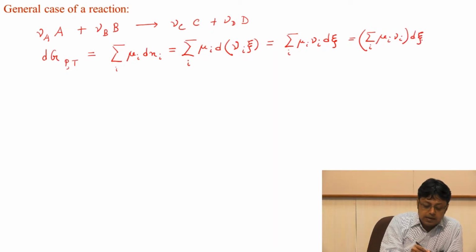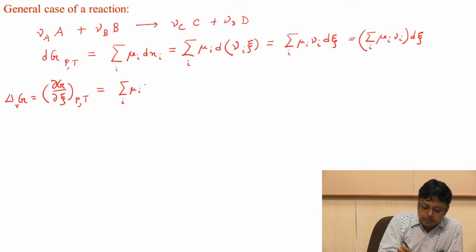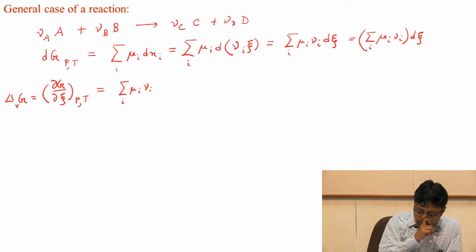So we can now take the derivative of Gibbs free energy at constant pressure and temperature, and we called it the reaction Gibbs free energy, and that will be nothing but the sum over i of nu i mu i.